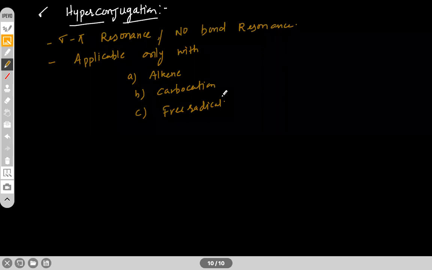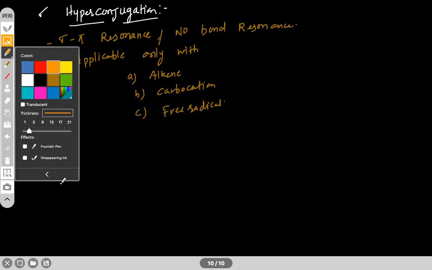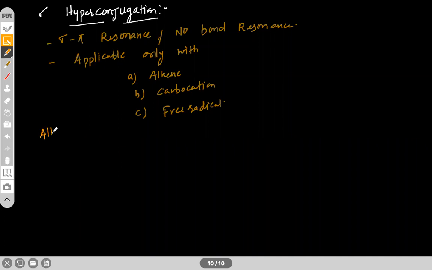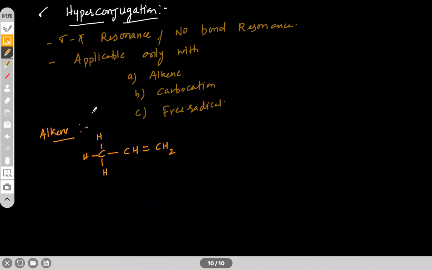Done. Now you see what is hyperconjugation and what happens in this. I'm taking an example of alkene. So in this example you see carbon with 3 hydrogen, CH double bond CH2. So what happens in this?